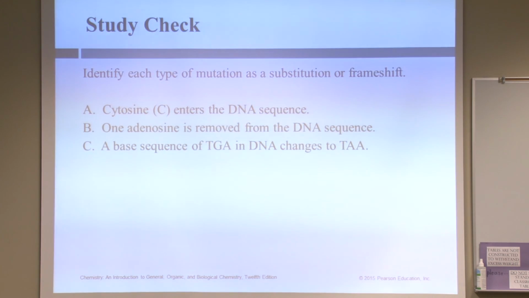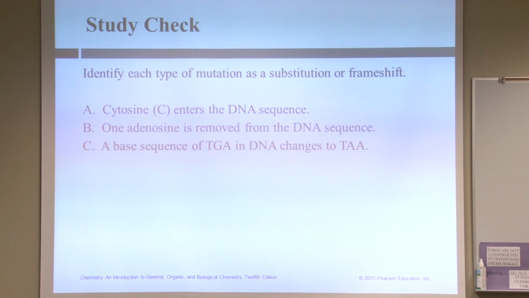So let us look at the study check. Identify each type of mutation as a substitution or frame shift. Cytosine enters the DNA sequence. When you insert or delete a component, we call that the frame shift mutation, if you remember.